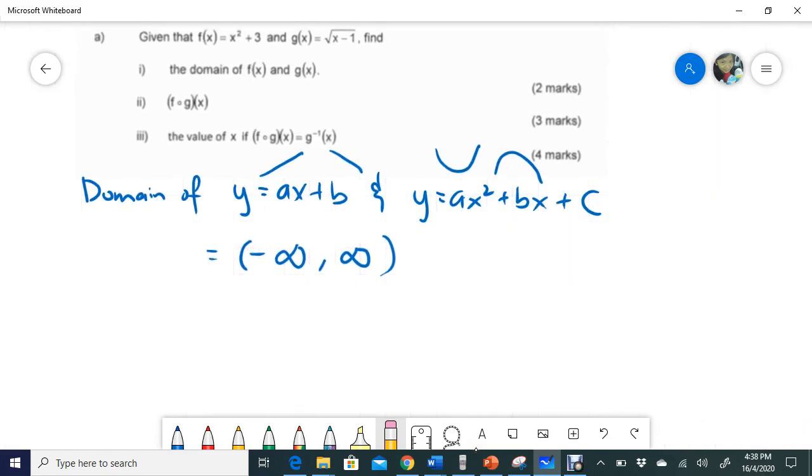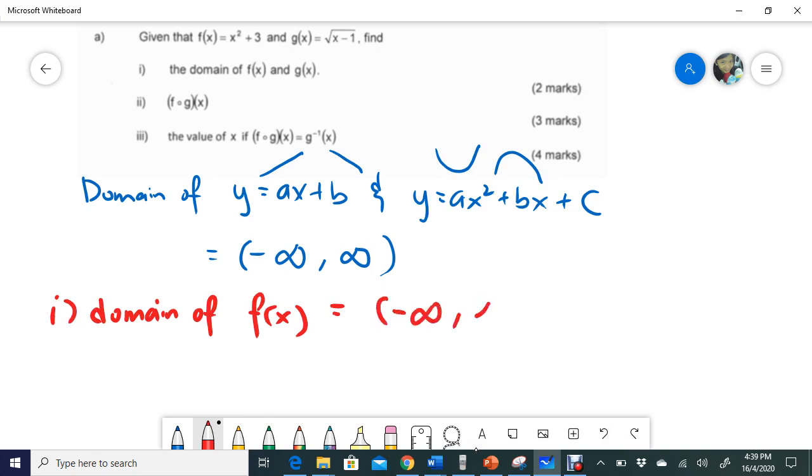Question wants you to find the domain of fx. Remember to highlight what you are actually writing. So for gx, how?